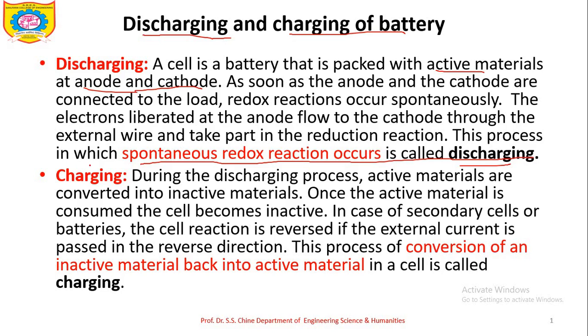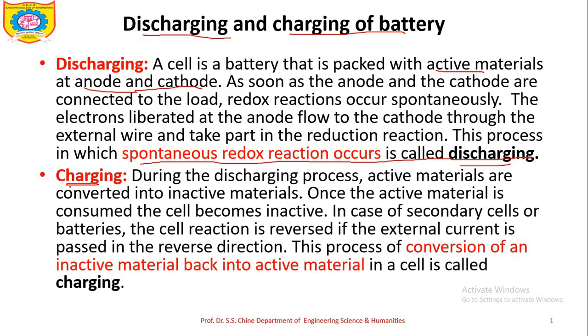Now what is charging? The active material is converted into inactive material during the discharging process. So what we need to do in charging is convert the inactive material again into active material.